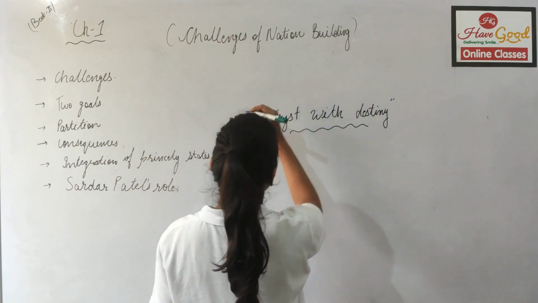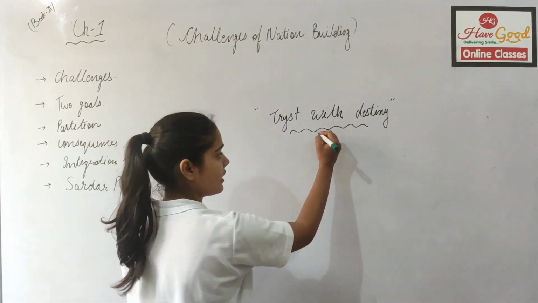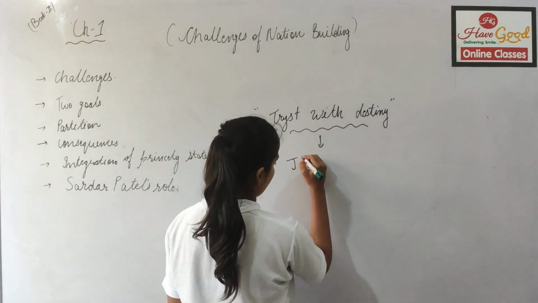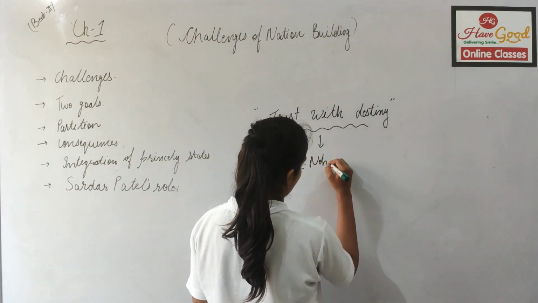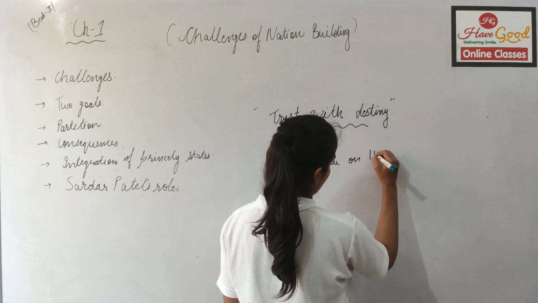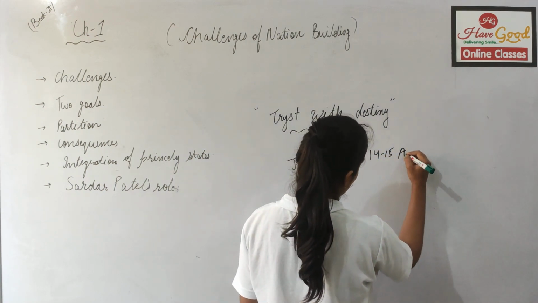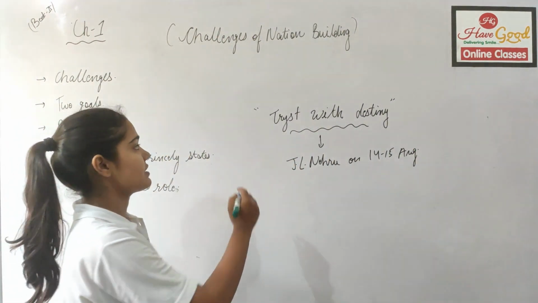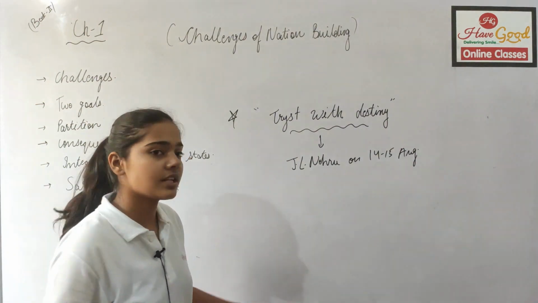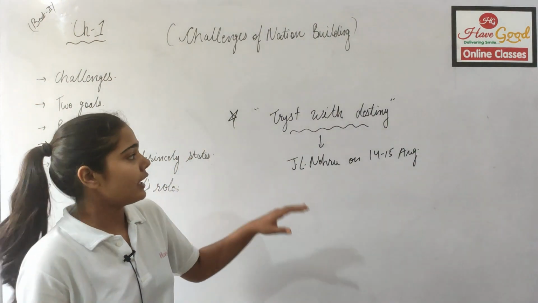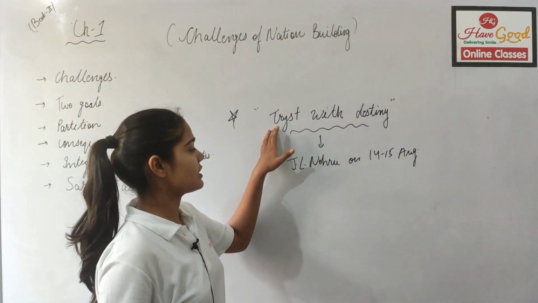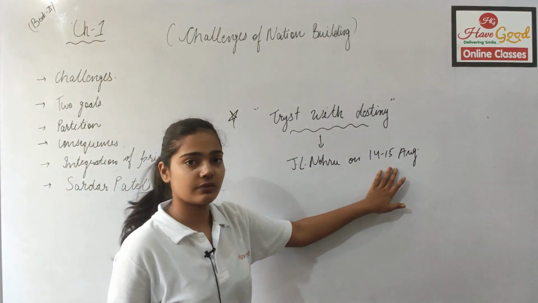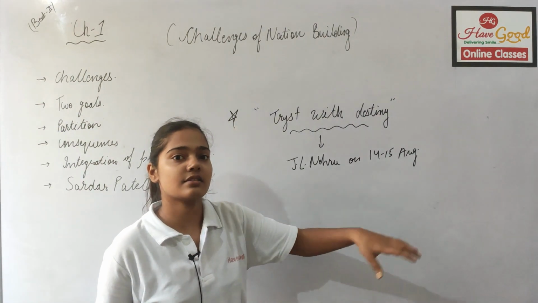It was delivered on the midnight of 14th and 15th August 1947. This speech is really very important for 1 mark question. It can be asked in objectives as well, that who has given the famous speech Tryst with Destiny. It was given by Jawaharlal Nehru on the midnight of 14th and 15th August at Red Fort.